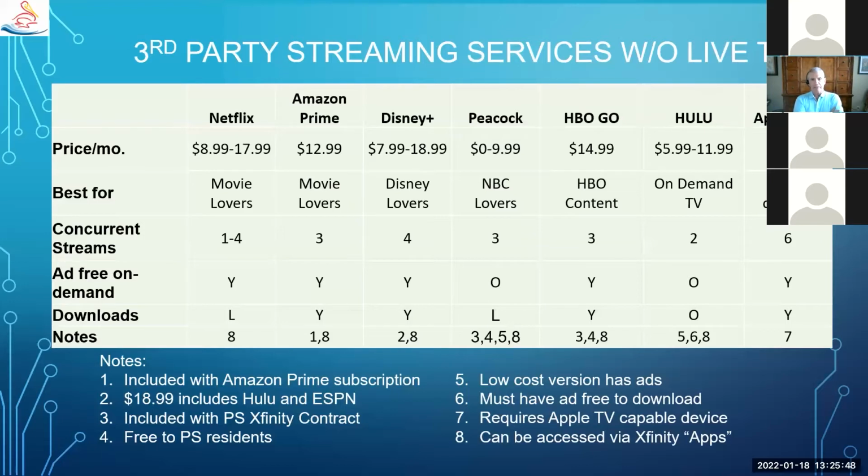It can vary. You'll see the notes at the bottom. So for example, in the first one on Netflix, all the ones with an 8 at the bottom, I mentioned that you can use Xfinity apps. So if you push the Xfinity button on your remote and scroll to apps, you can get any of these really on there. The one exception is going to be Apple TV at the bottom. You do not yet have that available to stream on your Xfinity box, but it's supposedly coming around the middle of this year.